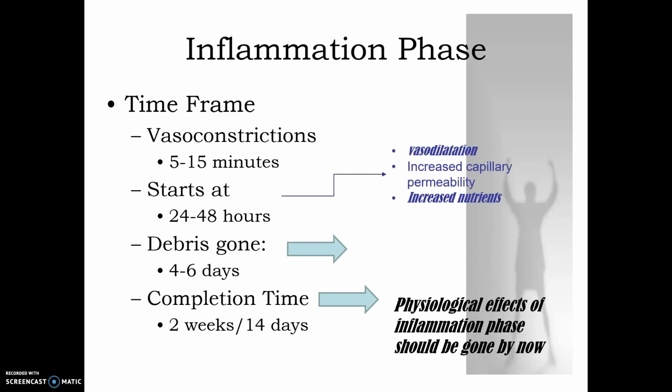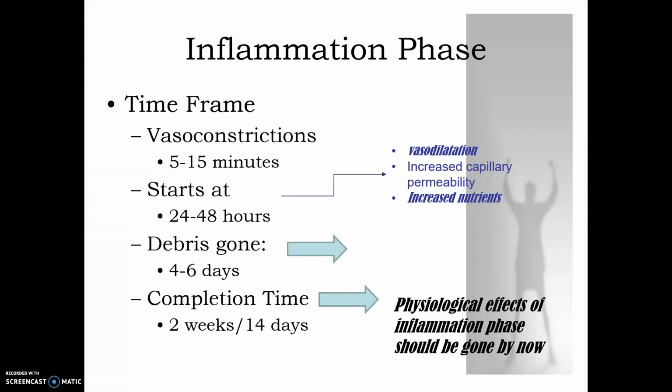Now, if we go back up to the physiological effect column, we're going to see that vasoconstriction and platelet congregation occur in that initial 5 to 15 minutes. But before we put in the stuff in blue, we're going to add to that the platelets release growth factors. These are platelet-derived growth factors, PDGF.